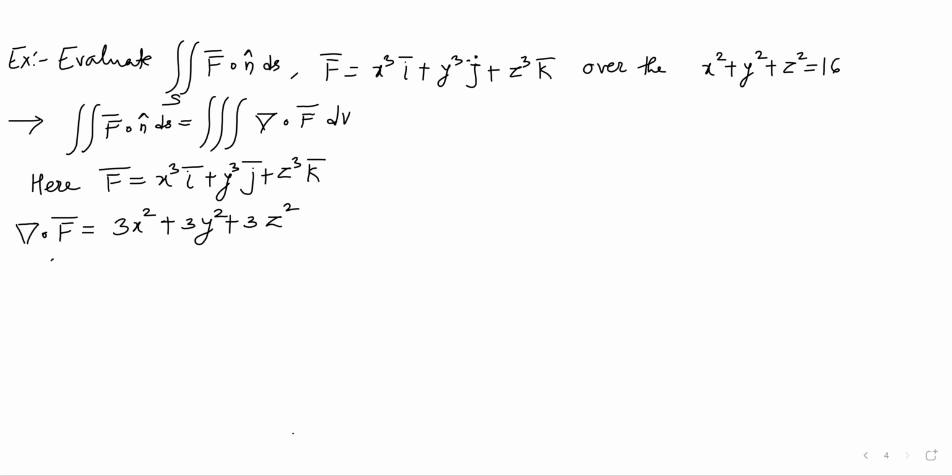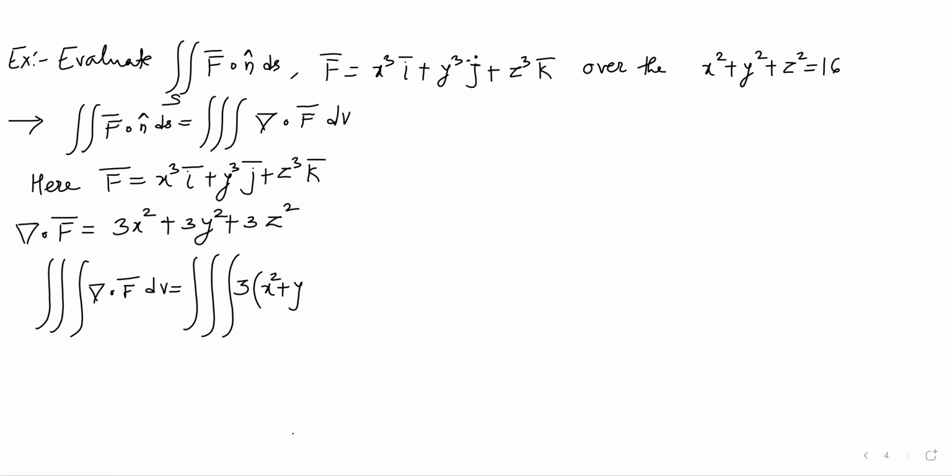So what is our triple integral of del dot F bar dV? It is nothing but the triple integral of 3 times (x square plus y square plus z square) dx dy dz. Correct? Now, when you solve such kind of question, we use the spherical polar coordinates.